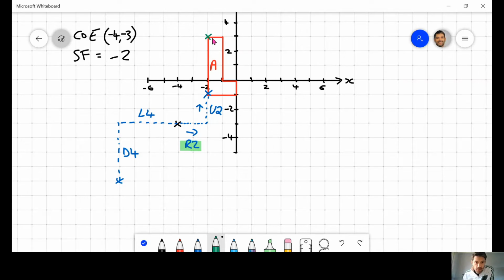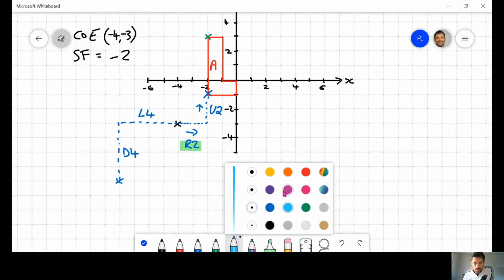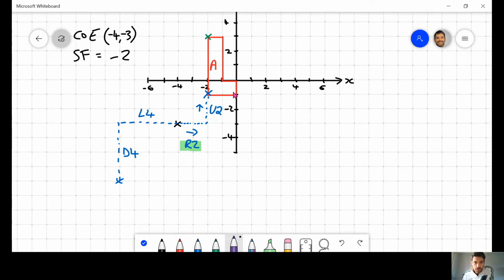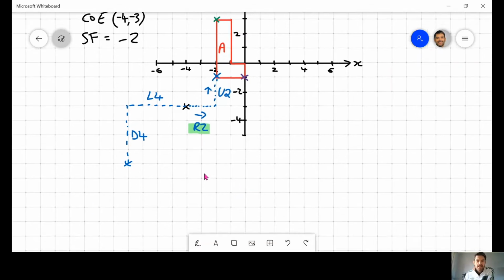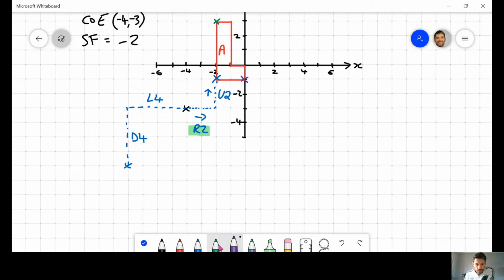Look, if I find this one, I'll do that one in green, and then this one. Once you've done that and it's double the size over here, you can probably start filling in the rest. It starts to make a bit of sense then, but for the time being, so this vertex up here, 2 right, I can just write it anyway, in fact, can't I? 2 right, and then 2, 4, 6, 6 up.